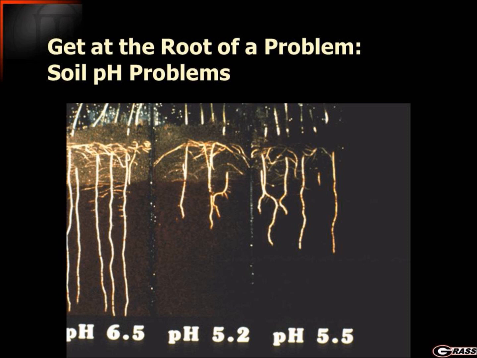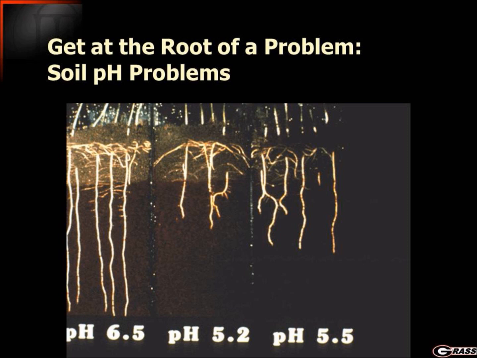And you can see how well developed that root system is there, but when we have a lower soil pH, particularly as we get down below about 5.8, but folks, this actually starts happening at a pH of 6 or 5.9 as well, we can begin to have problems with the root system development in these fields. Which one of these is going to be the first one to start drying up when the rains stop? And which ones are going to be a little bit more persistent?